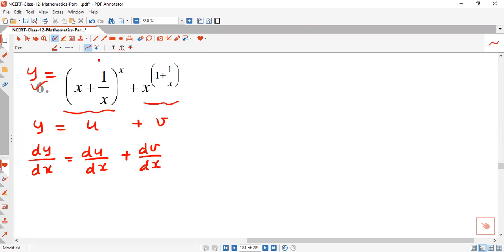So now I will separately do the differentiation of u and the differentiation of v, and then we put it here. You see, u equal to what? U equals x plus 1 upon x, raised to x. A function raised to another function, so we use the log function. We have no choice, because there is a function raised to a function.